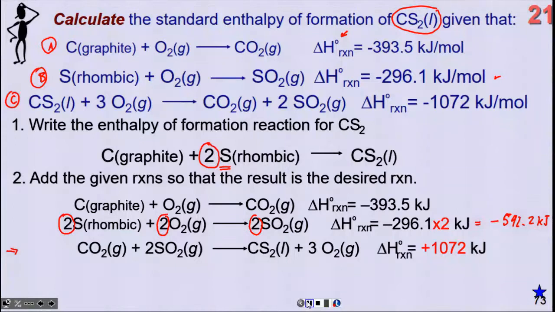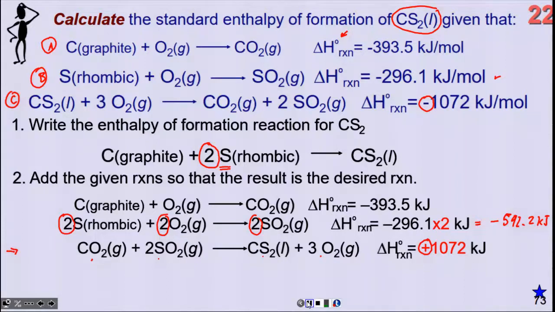And in so doing, we change the sign of the enthalpy change, now that we're considering it in reverse. But we don't have to change any coefficients here. Thank goodness. That makes life easier. And then it puts CO2 and 2 SO2 as reactants, and carbon disulfide as a liquid as a product, and some more oxygen. Just using reaction C to give us the third step here.